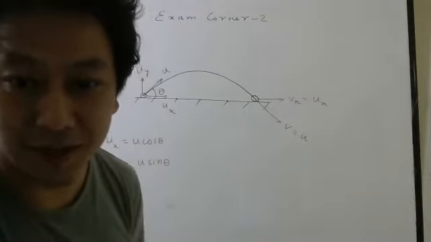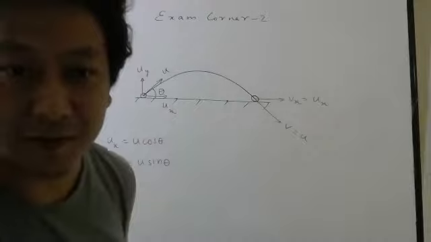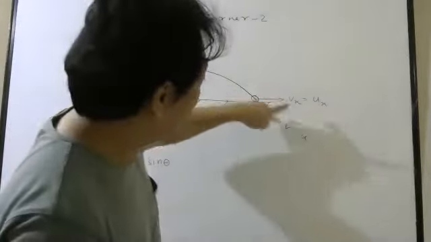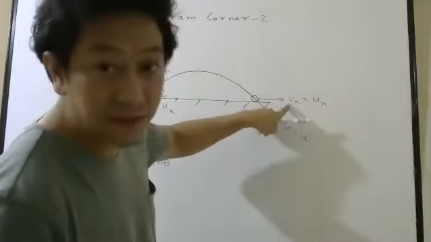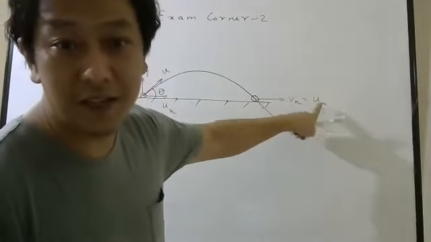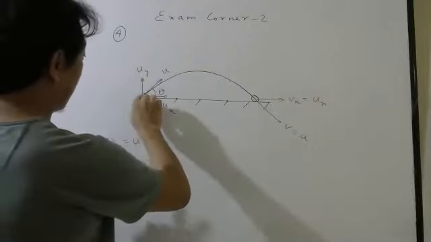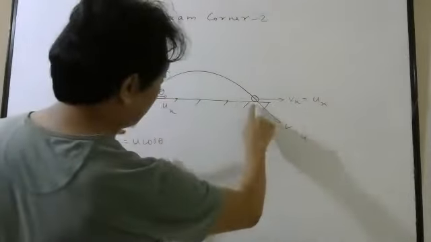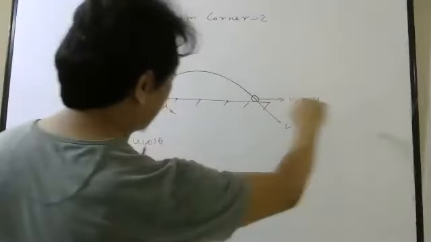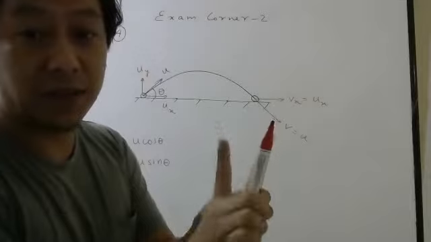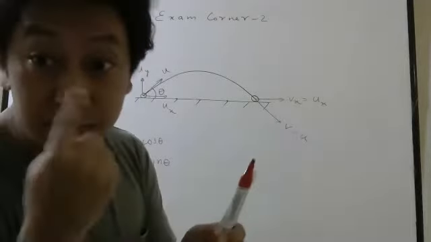In projectile motion along the x-axis, velocity does not change. So whatever is the final velocity along the x-axis will be the same as the initial velocity along the x-axis. And since this point and this point are at the same level, you already know if you throw up with 10 meter per second, while coming back it should have the same speed.